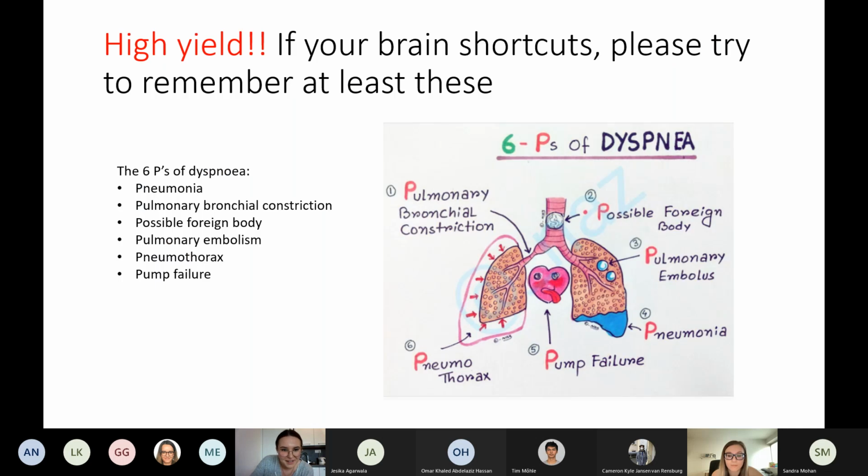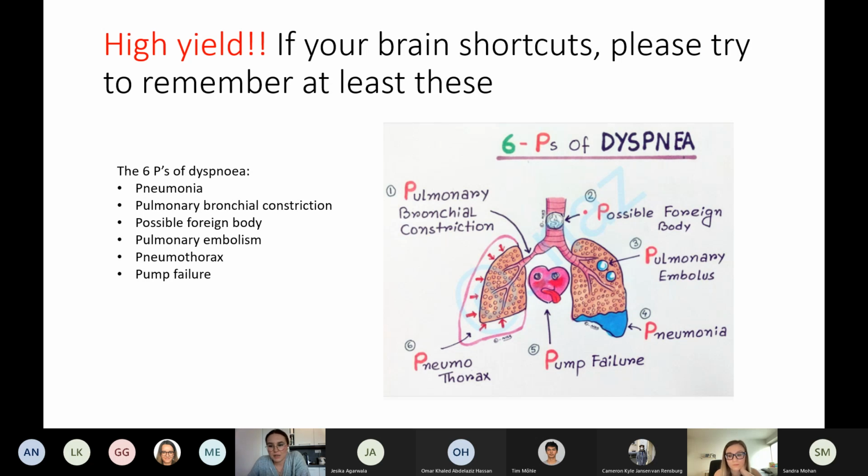Okay, the previous slide was great in terms of an overview, but it is unrealistic to expect someone to remember all of that at a glance. So then you have at least these 6 P's, which are pneumonia, pulmonary bronchial constriction, which is asthma, COPD, possible foreign body, pulmonary embolism, pneumothorax, and pump failure, which is heart failure.